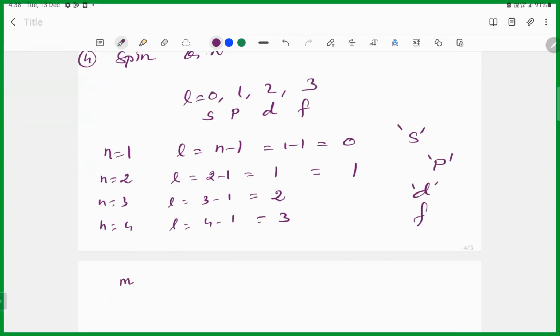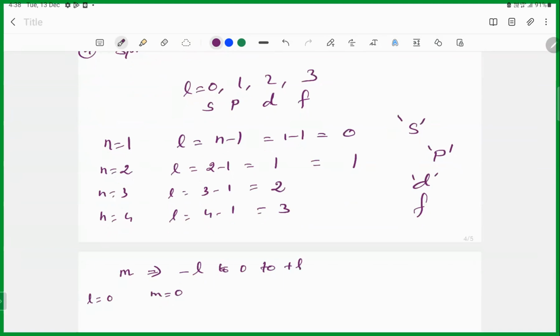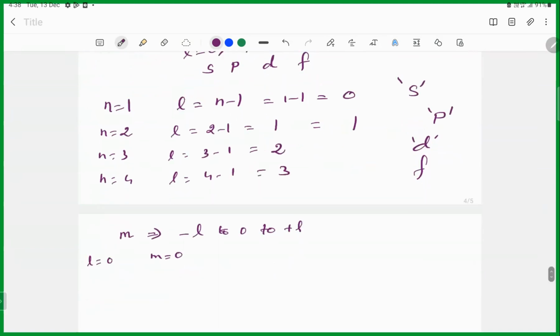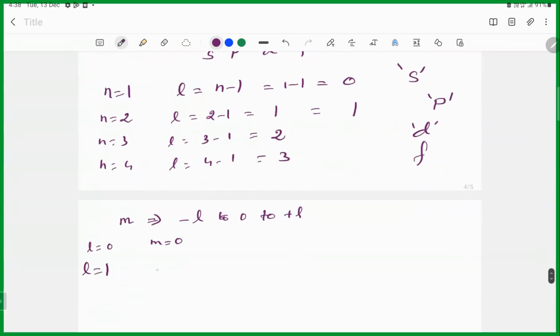Magnetic quantum numbers give minus l to 0 to plus l. So when the l value is 0, m value is 0. When the l value is equal to 1, m value becomes minus l, 0, plus l.